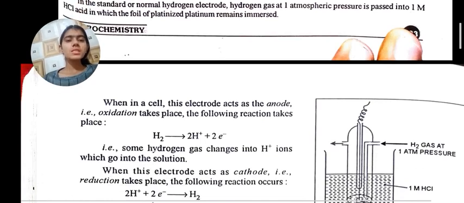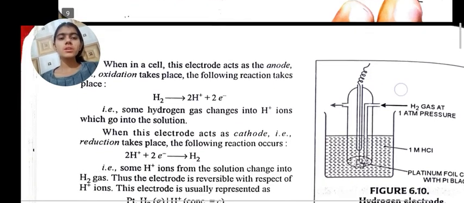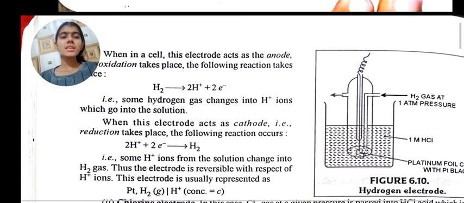When in a cell, this electrode acts as the anode, that is, oxidation takes place. The following reaction takes place: H2 goes to 2H⁺ ions plus 2 electrons. That is, some hydrogen gas changes into H⁺ ions which go into the solution. When this electrode acts as cathode, that is, reduction takes place, the following reaction occurs: 2H⁺ plus 2 electrons goes to hydrogen gas.